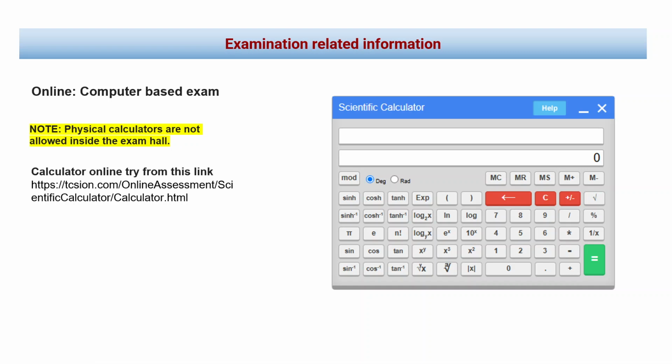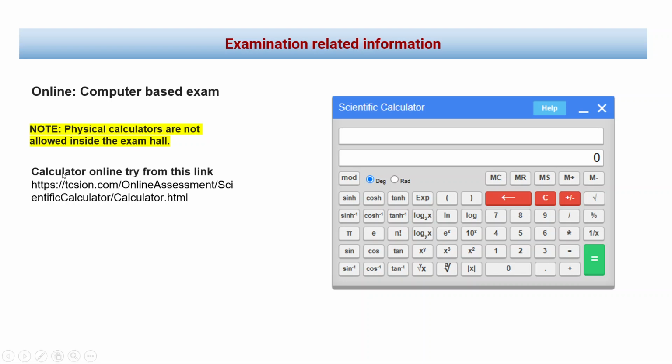This is specific to this course, because some courses are pen and paper based and many are online computer based. For our experimental physics course, the exam will be computer based, or online, and thus any sort of physical calculator will not be allowed.